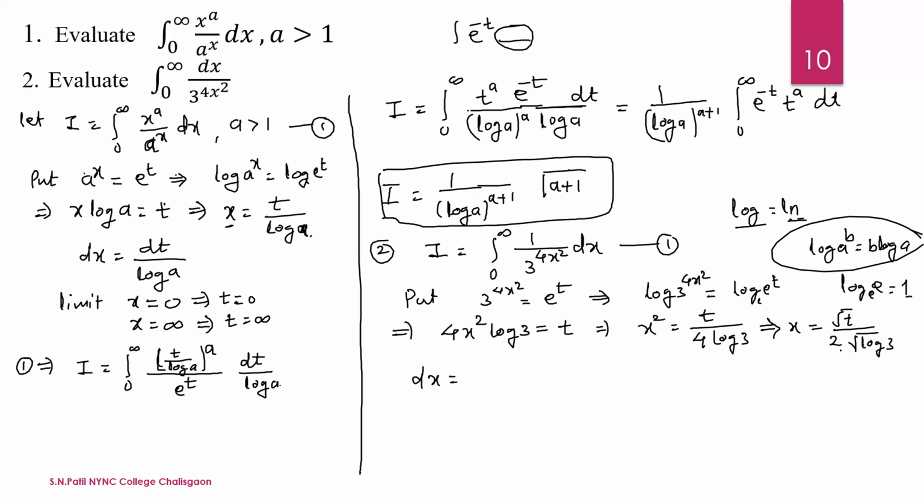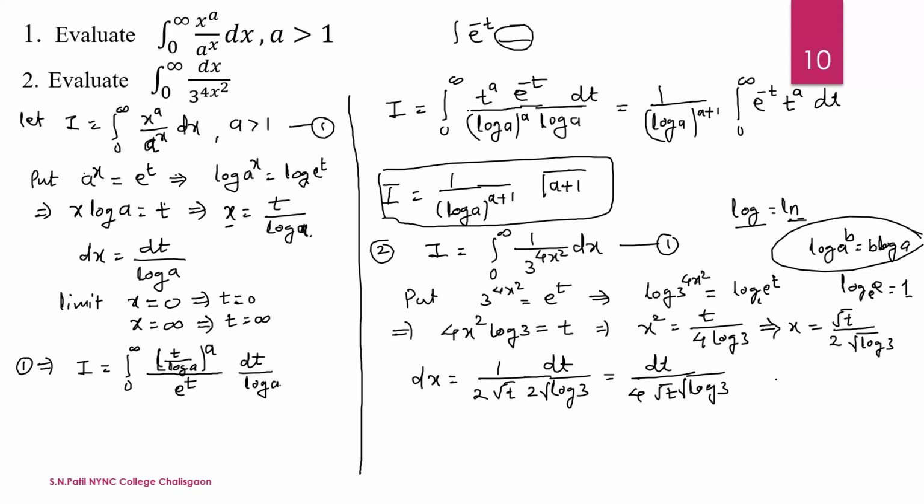Therefore dx is equal to the derivative of the root function, which is 1 upon 2 times the root function, into the constant term 2 and this 2, into the square root of log of 3 and dt. Simplifying this term again, dt divided by 4 root t into the square root of log of 3.